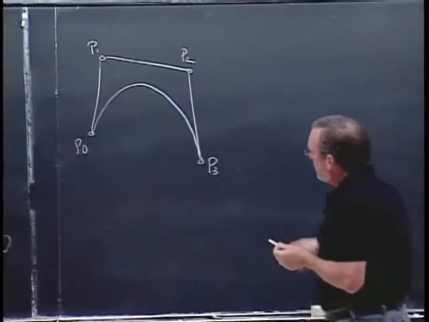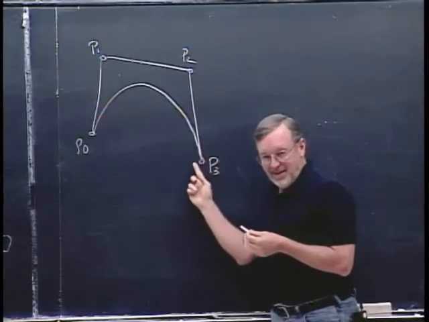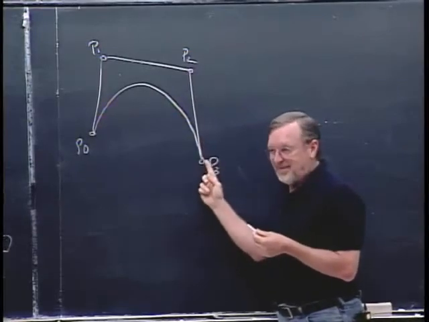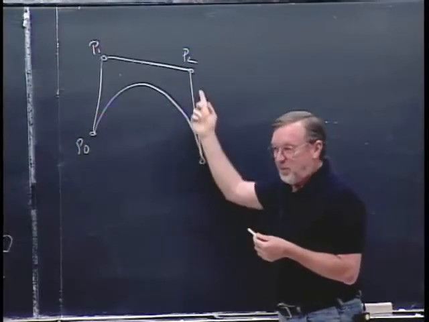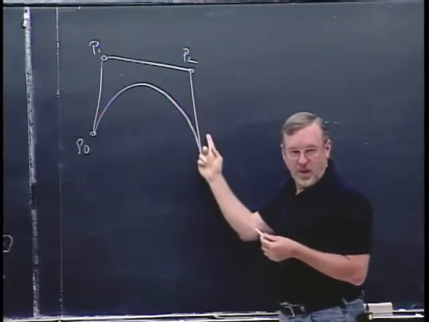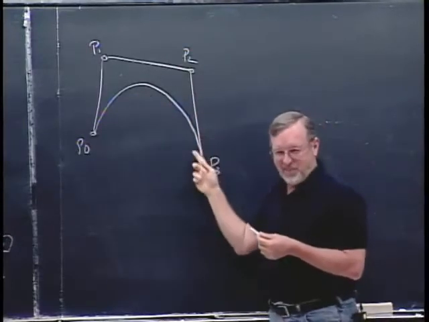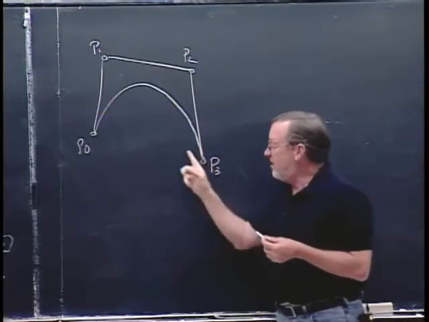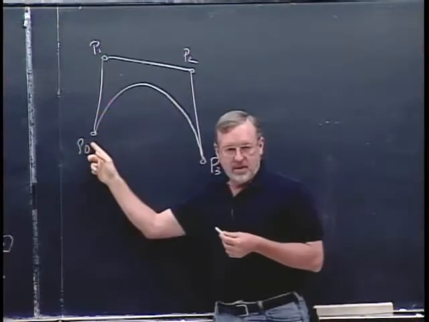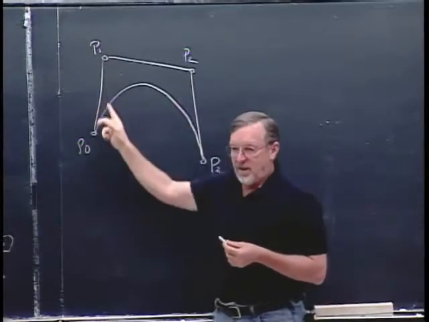If I draw this, it's not too hard to see that the tangent line here at P3 has got to be the slope of the tangent line actually has to be the same as the slope of the line P2, P3. It's not too hard to see this because I'm always taking half, half, half, and one of my half points is always on this line, right? So it's going to approach the line here. Same thing over here, that the derivative over here, the slope of the tangent line, is the same here.